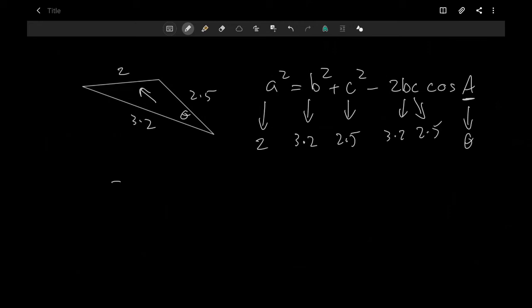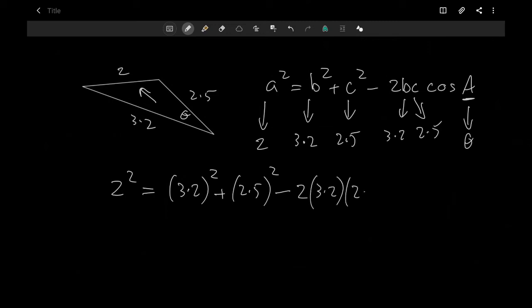You should get 2 squared is equal to 3.2 squared plus 2.5 squared minus 2 times 3.2 times 2.5 cos theta. So let's try to simplify this equation now.